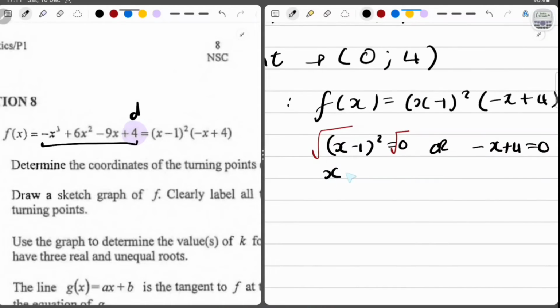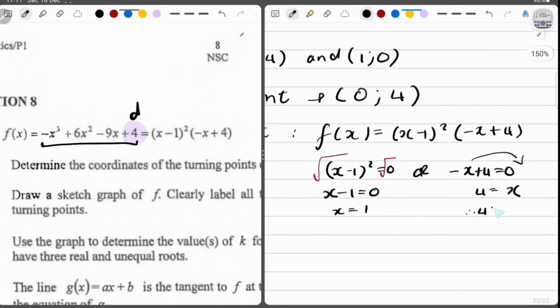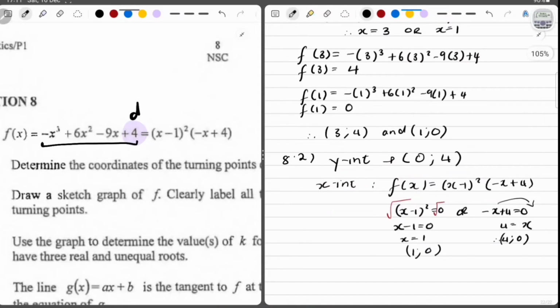So we have x minus 1 is equal to 0. Then we take negative 1 over, and so x is equal to positive 1. That's our first intercept. We already knew that one. And for this one, I will just take x over because it's negative. So 4 is equal to x. So we have (4, 0). These are our turning points, (4, 0), and of course (1, 0), but we already had that one.